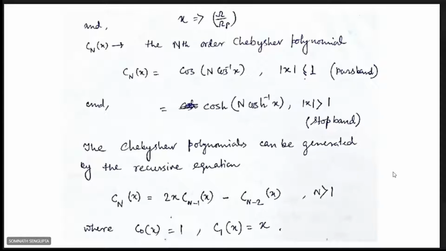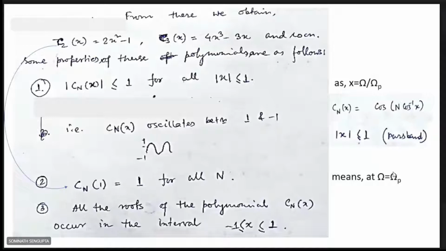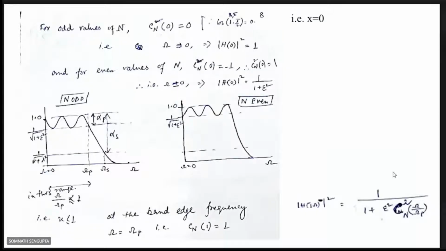Now we have seen some characteristics of Chebyshev polynomials Cn(x). You just have to go through all these properties. It is explained clearly and we discussed it.